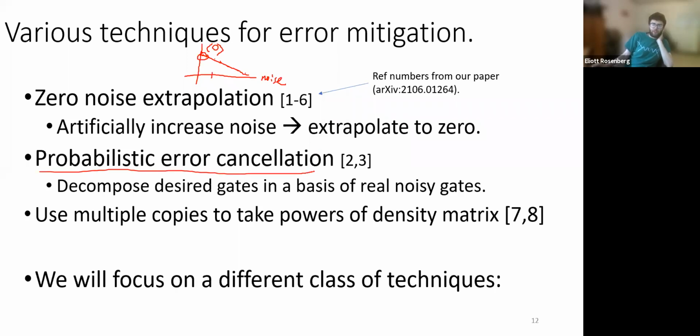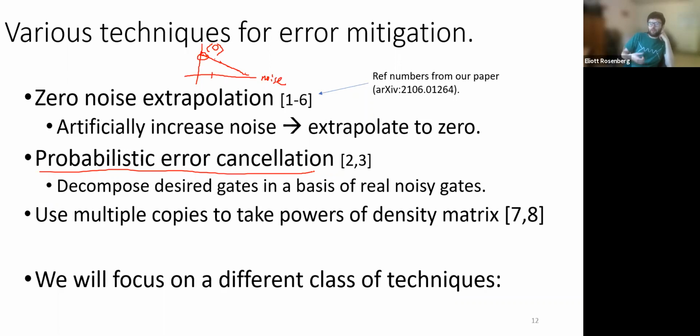Probabilistic error cancellation is, well, you do full gate set tomography, meaning that you take all of your noisy gates and write them in the basis of the ideal gates.